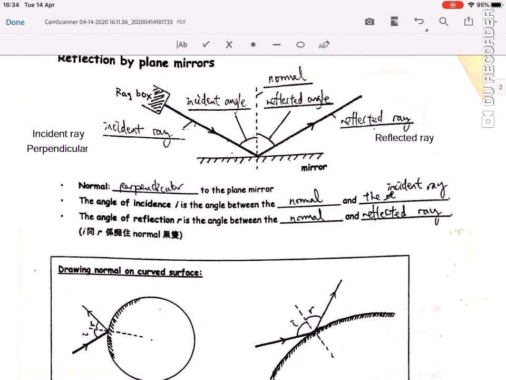It's the angle between the normal and the incident wave. So in here, it's between the normal line, the dotted line, and the wave box. And that angle, we call it incident angle or the angle of incidence.